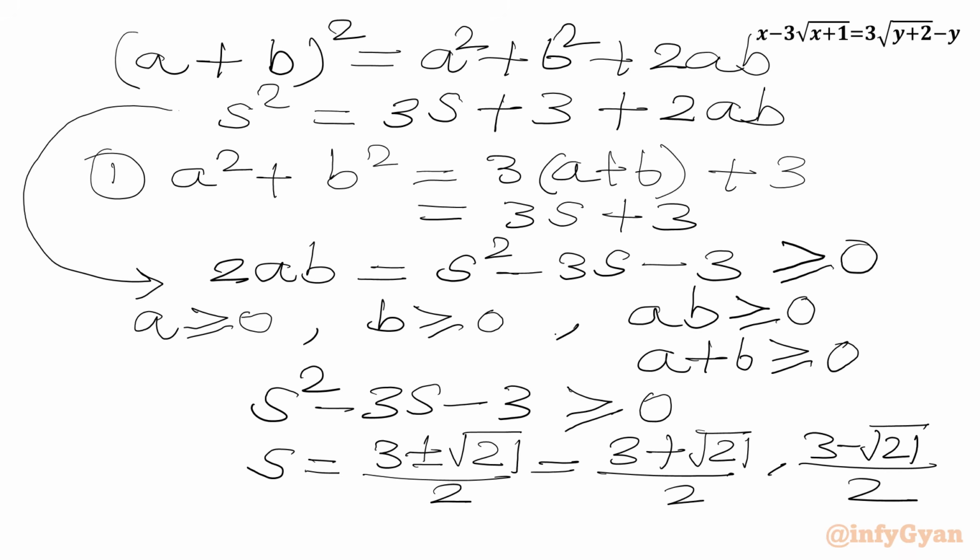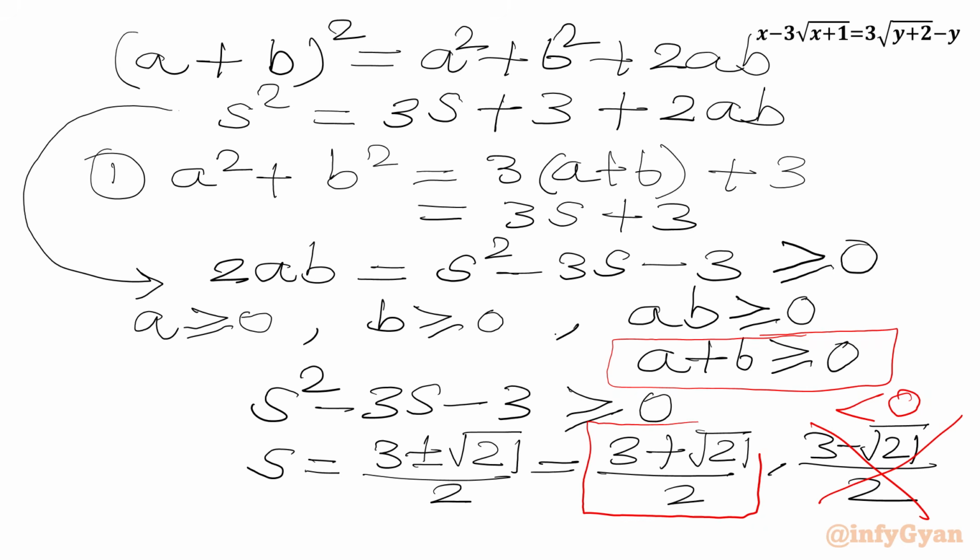But as per our condition, s is greater than or equal to 0. Here 3 minus root 21 is negative, so we will reject this s value. So s would be 3 plus square root 21 over 2. But we have this inequality over here.